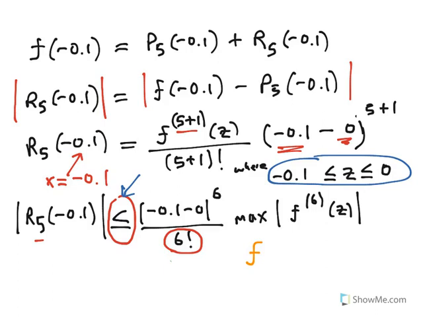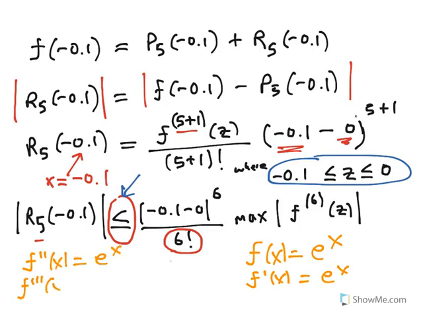So in this problem, our function f was e to the x. So if you take derivatives of this function, you will always get e to the x. So the first derivative will be e to the x. The second derivative will be e to the x. The third derivative will be e to the x. The fourth derivative will be e to the x.